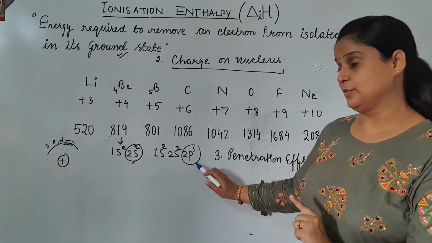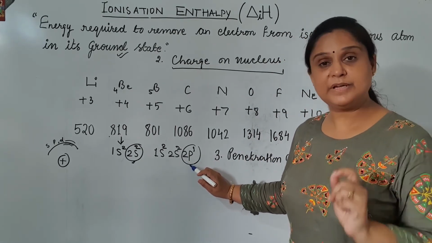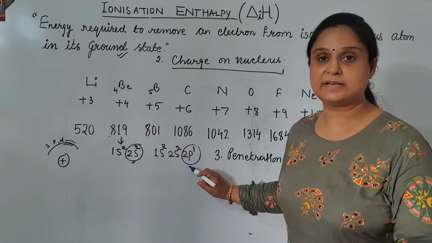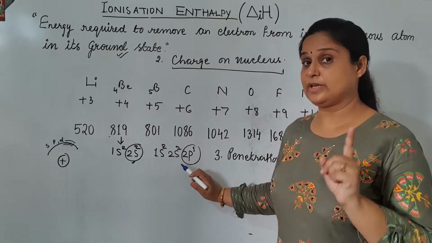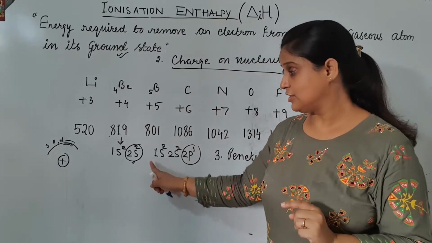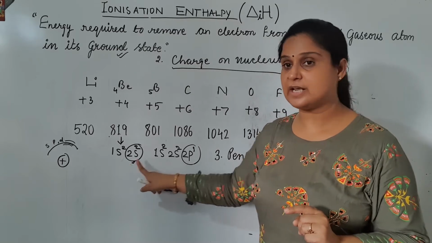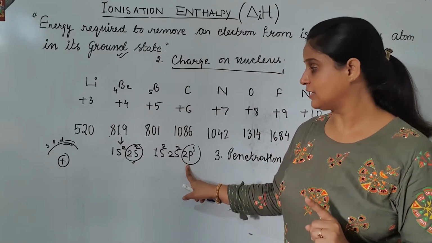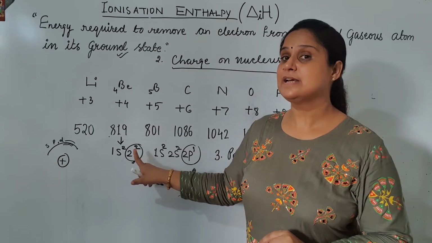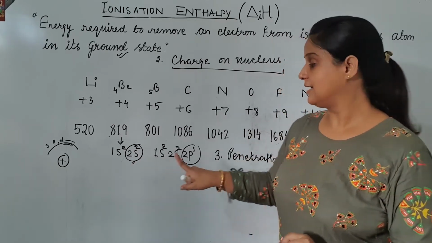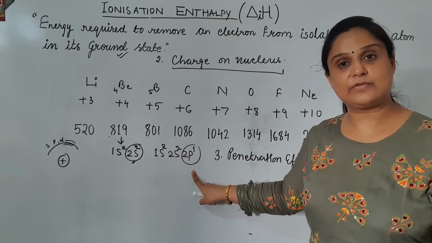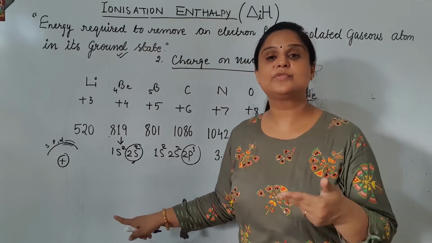And if you are removing the electrons from the p orbital, it will be comparatively easier out of these two if the shell is same. So here you can see it is removed from the second shell. This is also removed from the second shell, but the difference is it is removed from the s orbital and this is removed from the p orbital. So it is easier to remove the electron.